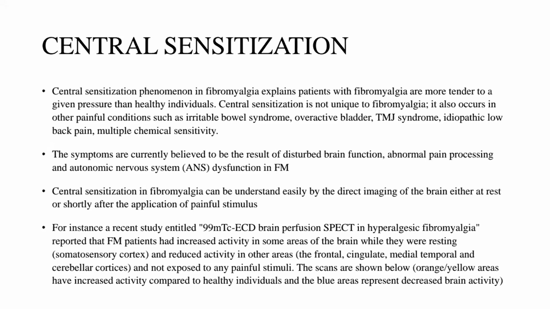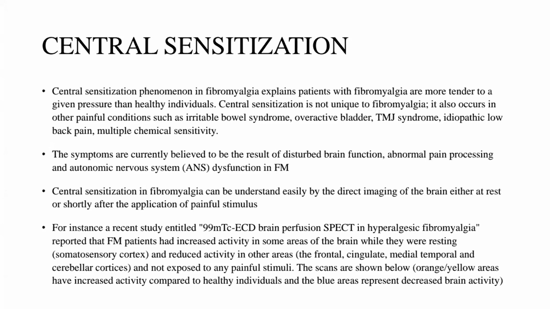This brain imaging is a 99mTc-ECD brain perfusion scan. It reported that fibromyalgia patients had increased activity in some areas of the brain. There are certain areas of the brain where activity is increased, corresponding to a place in the peripheral area.